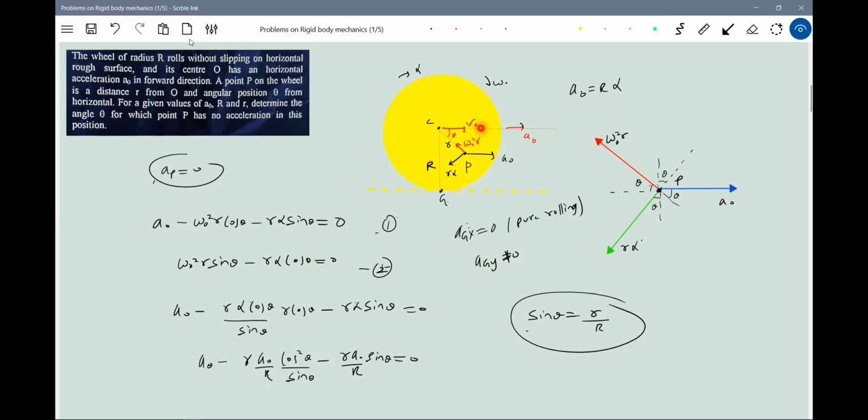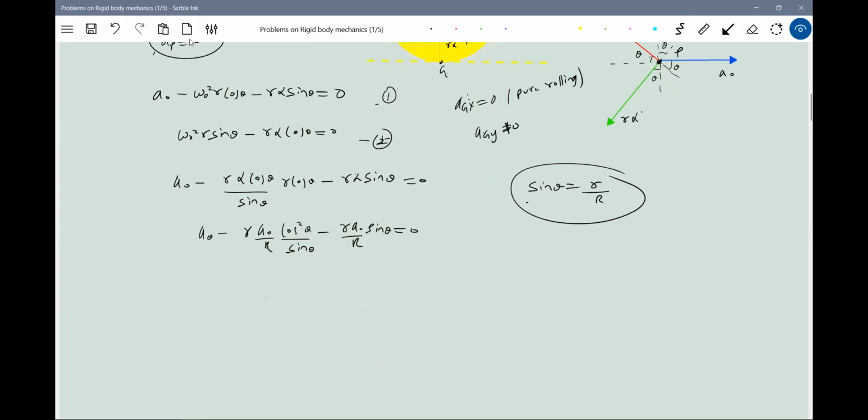Not possible, no? Here it is possible, check it. Only in this fourth quadrant it is possible. So again, this is a limitation. The point P should lie in the fourth quadrant. This is not applicable for the other regions.